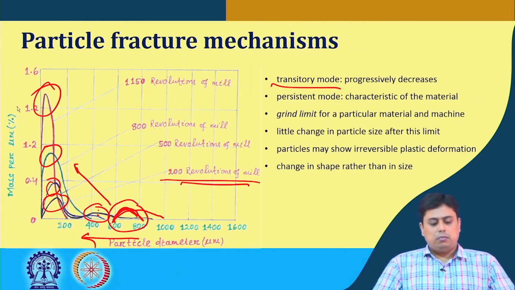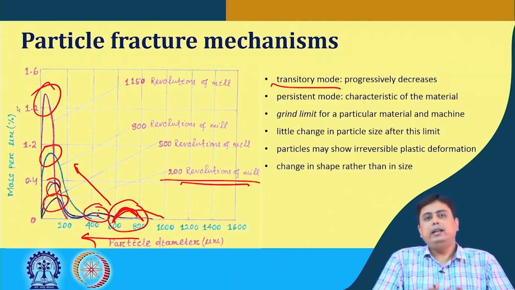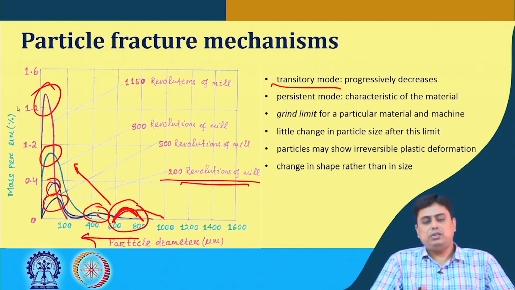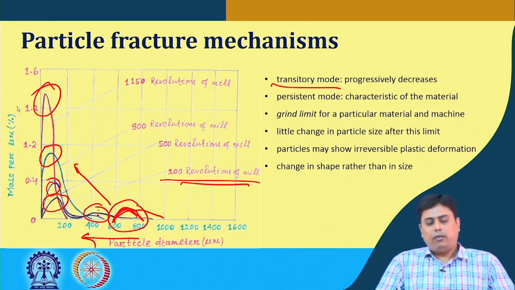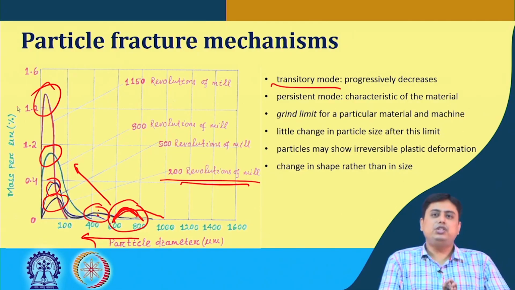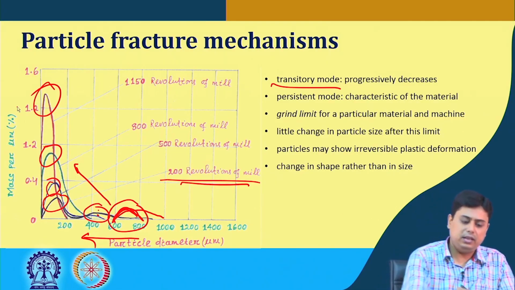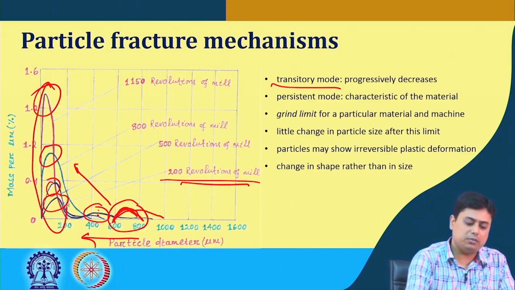Which means by looking at these results, it can be concluded that there will be a grind limit for a particular material as well as the equipment or the machine. After this grind limit, there will be hardly any change in particle size. See how the narrow size distribution has become.